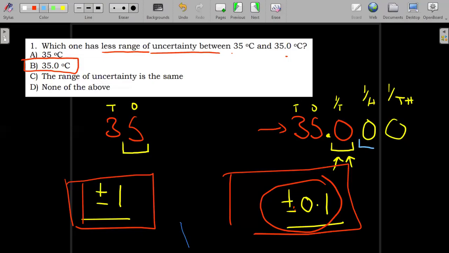If this one was the uncertain digit, your uncertainty there will be plus or minus 0.01. Have you seen the pattern? Yes, sir. So if the uncertain digit was this one, the uncertainty there will be plus or minus 0.001.